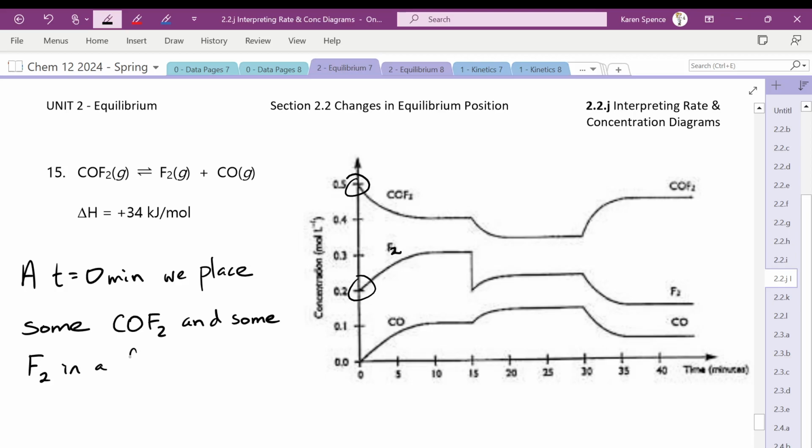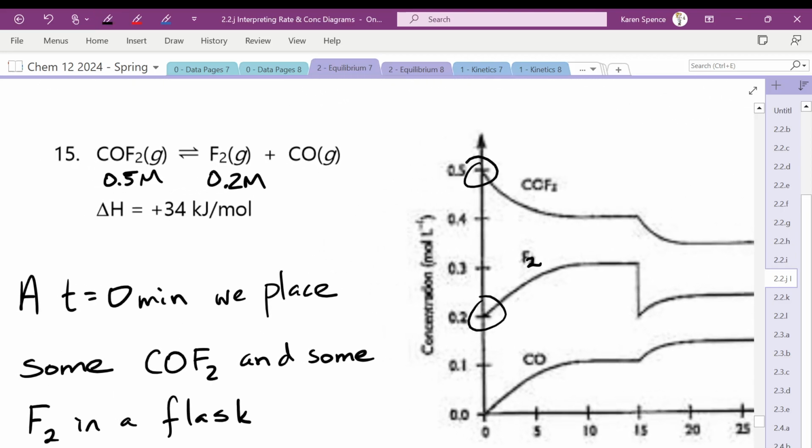Now, if I have 0.5 molar COF2 and I have 0.2 molar F2, which direction does this equilibrium have to shift?